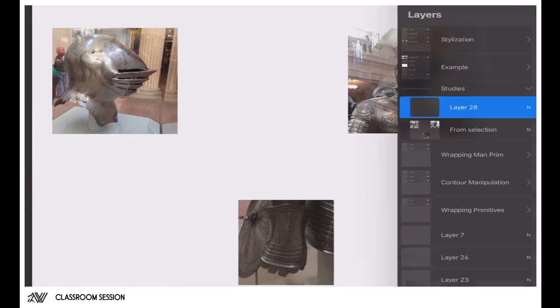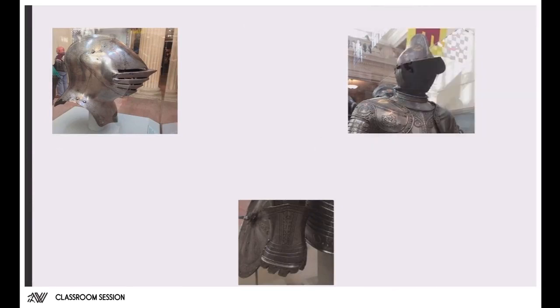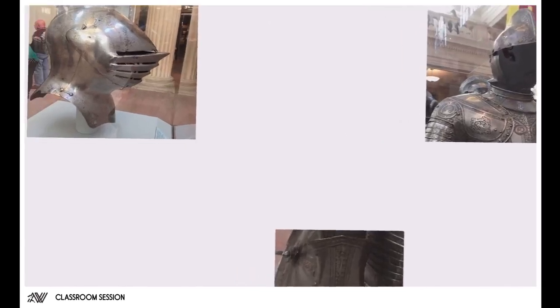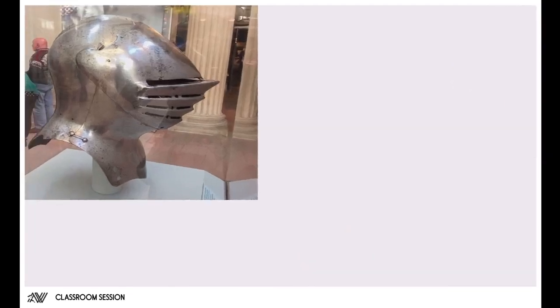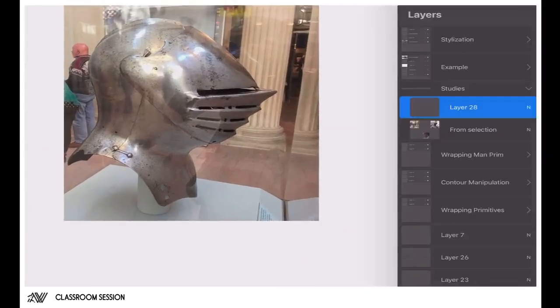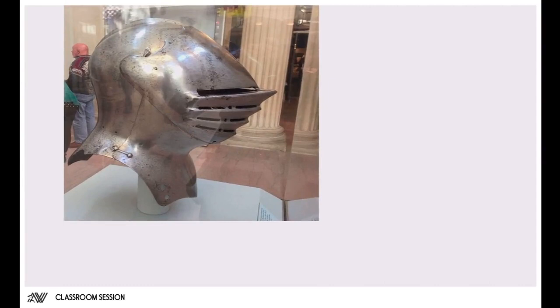So I'm just gonna do one of these, or maybe a couple. So if we look at this helmet, for instance, this is what I see a lot of you struggle with a lot of the times. You instantly go for the complex shape, like what is this made of? Or you make the common mistake of just copying what you see.